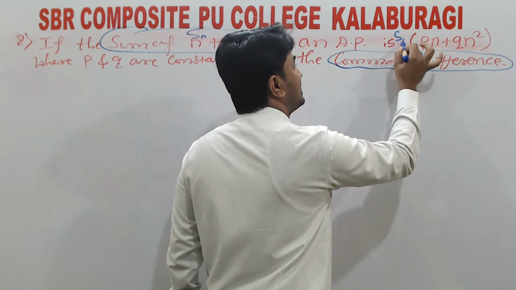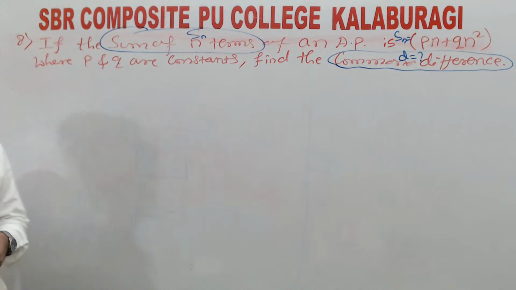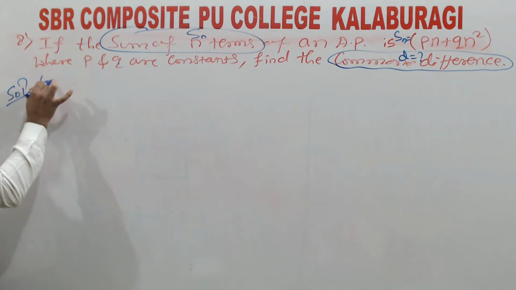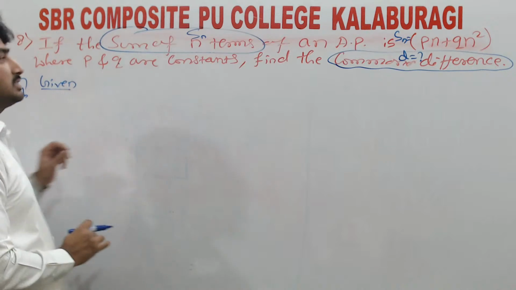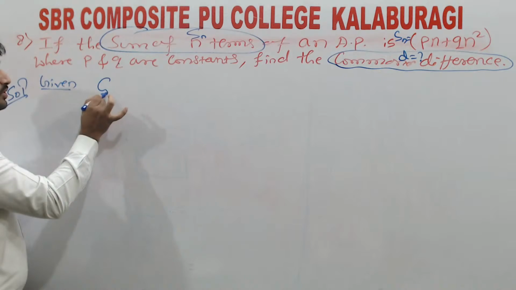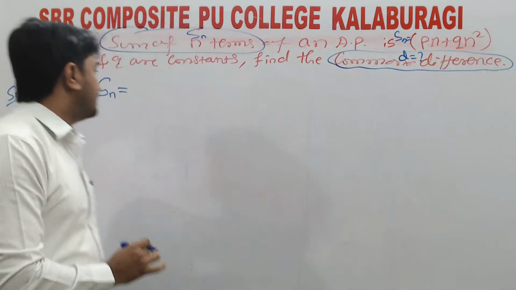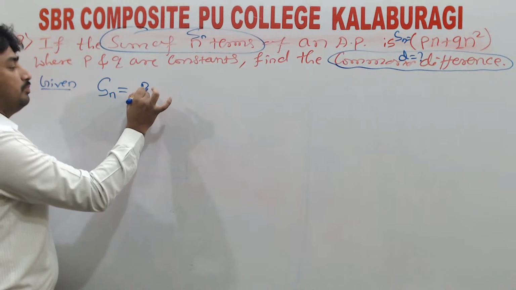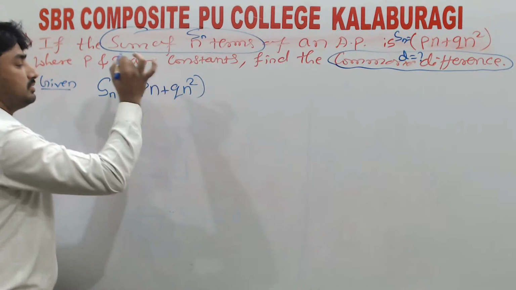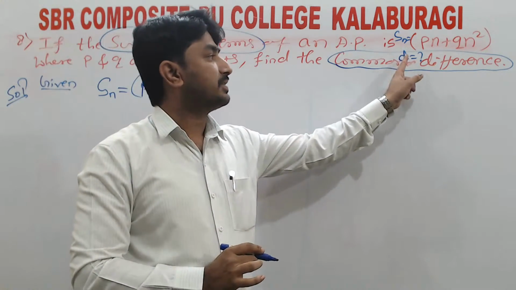I will write the given condition as it is. Sn is equal to Pn plus Qn square. So we need to find the common difference D.